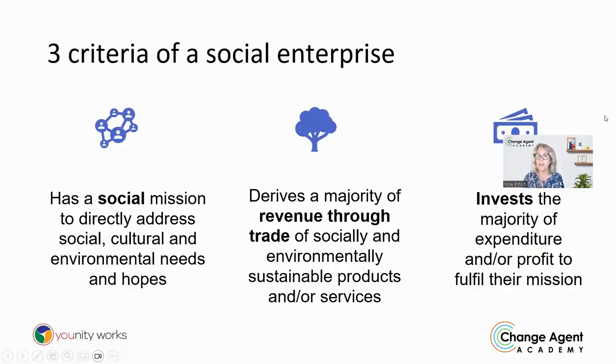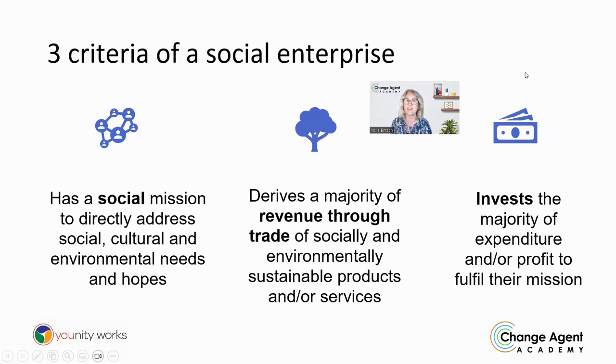The first that we're going to focus on, which is the really critical area, is the 3 criteria of what makes up a social enterprise. The first is that a social enterprise is an enterprise that has a social mission to directly address social, cultural, and environmental needs and hopes.